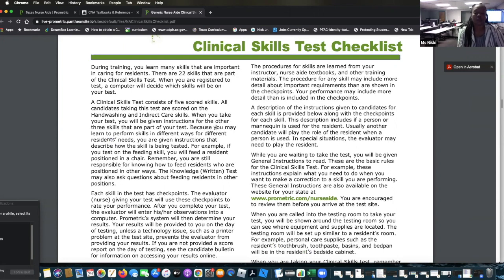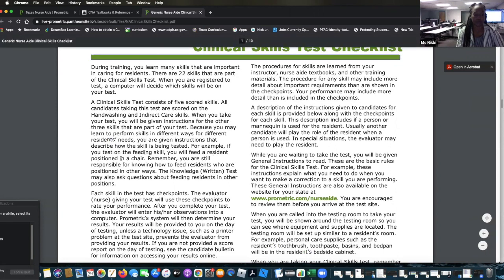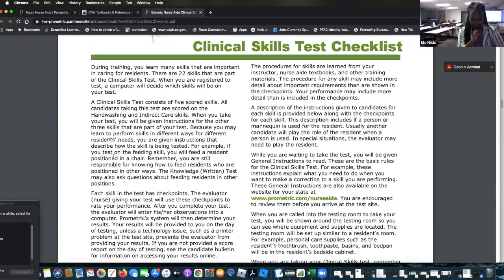Because you may have to perform skills in different ways for different residents' needs, you are given instructions that describe how the skill is going to be tested. For example, if you test on the feeding skill, you will feed a resident positioned in a chair. So not in a bed, in a chair.